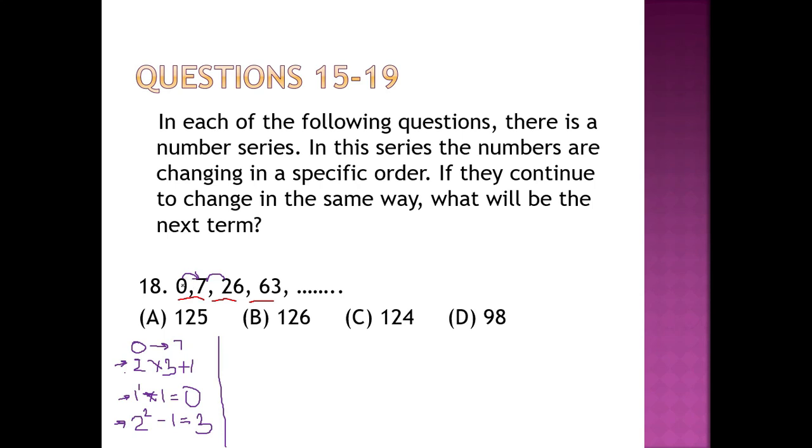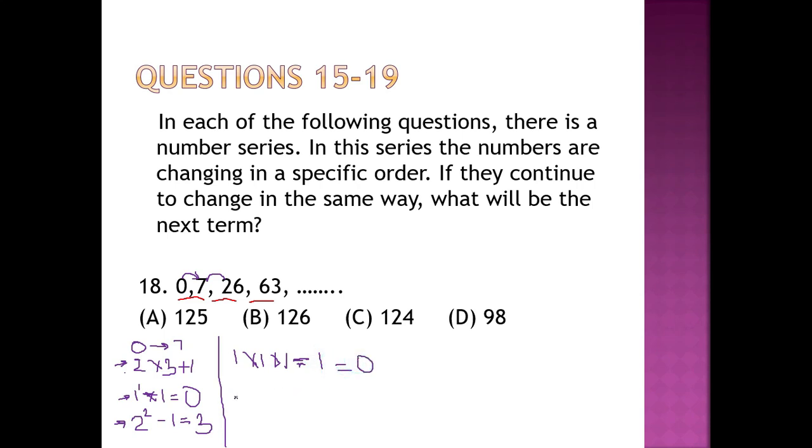To move from 0 to 7, let me see, 1 times 1 times 1, that is the same as the cube of 1, minus 1, that is equal to 0.